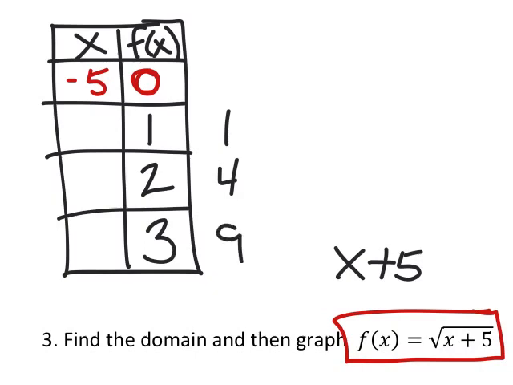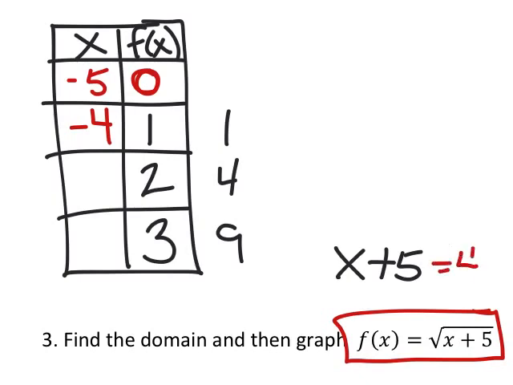So in other words, something plus 5 needs to equal 1. And you could solve this like you would any other equation. And we know that negative 4 plus 5 would give us a positive 1, the square root of which is 1.